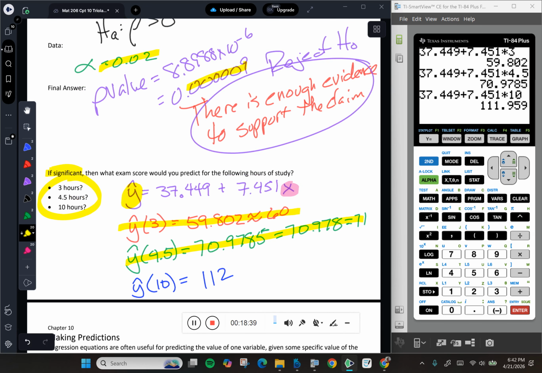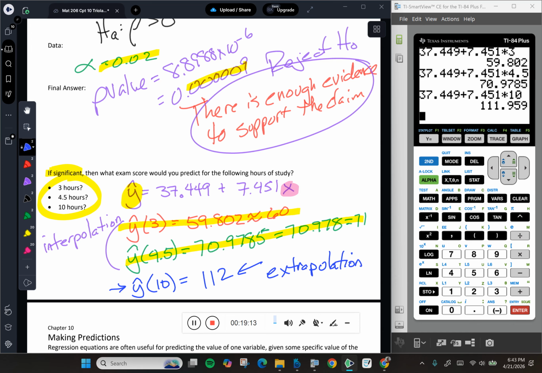The technical name for these two right here is interpolation. You have interpolation when you use your regression equation to make predictions within the data set. Right? This guy down here, that's extrapolation.